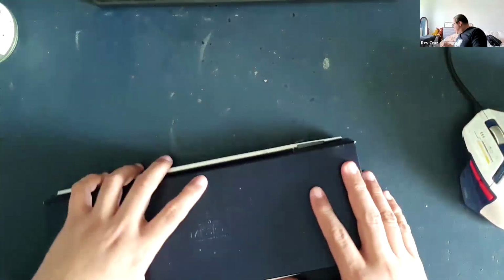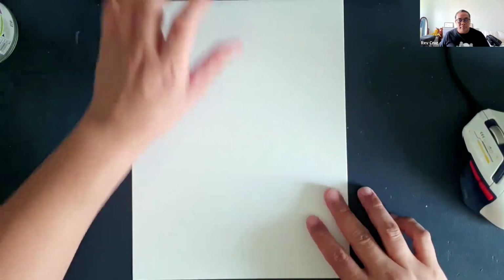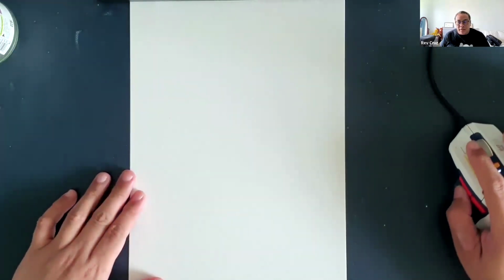Can you see my... Alright, we're gonna start. Very, very simple. Okay, so I have here my paper. I'm gonna zoom out a bit so you can see the whole thing.